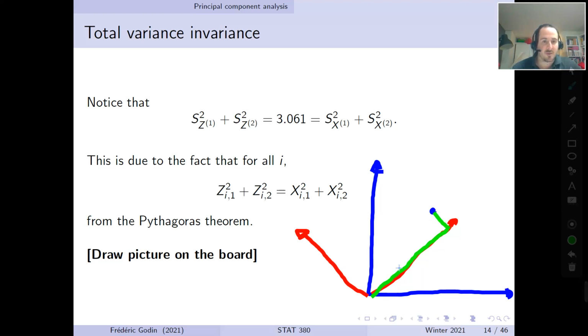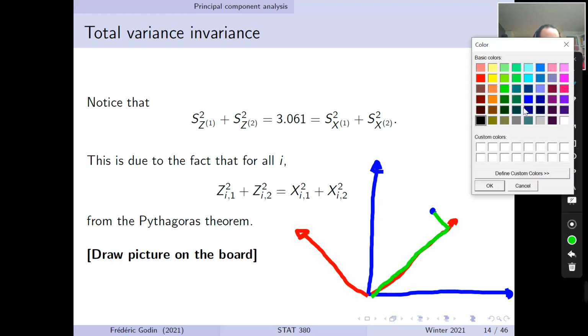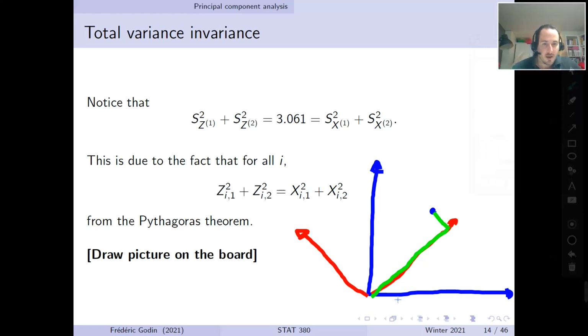This is one way to do that, and the other way to represent this point is across these axes. But the idea here is if you sum the length of this green line squared and the length of this green line squared, it should be exactly equal to the square of this coordinate plus the square of this coordinate.